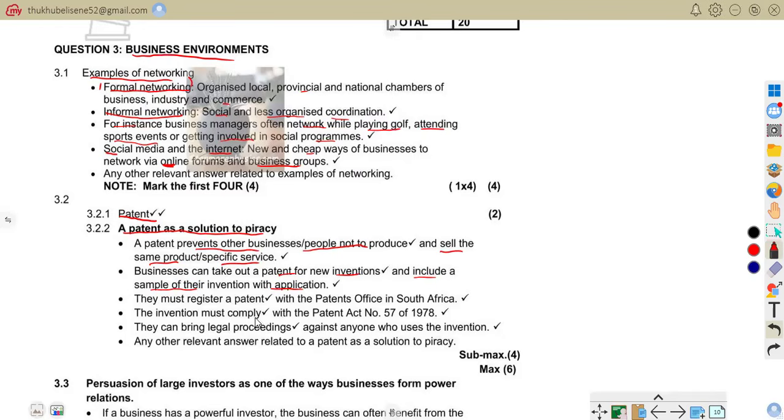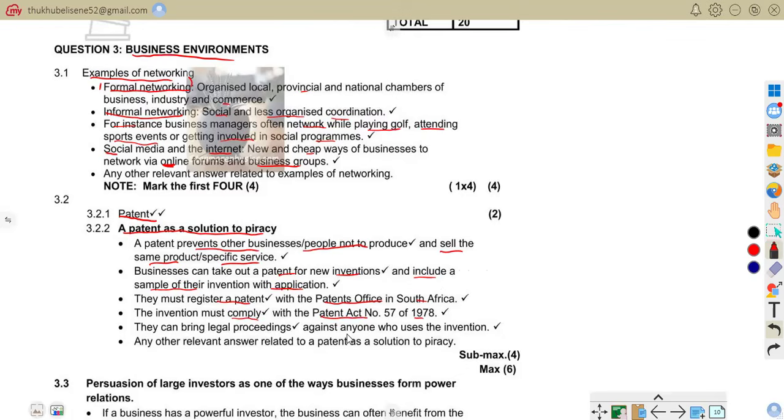They must register the patent with the Patents Office in South Africa, so legal protection only applies once the patent is officially registered. The invention must comply with the Patent Act number 57 of 1978.